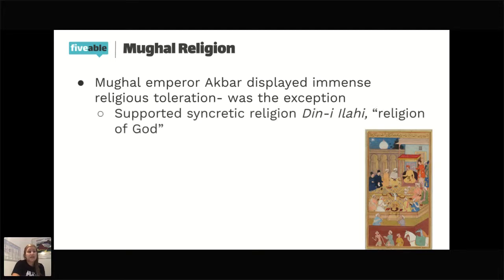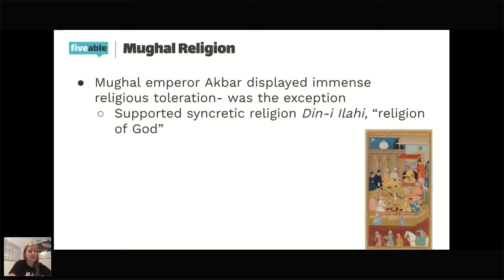Not only did he allow for the free practice of religions, he eliminated the jizya, the religious tax on Hindus. And he went even further. Here's a picture where he's meeting with different religious leaders, because he was incredibly open-minded to religion.